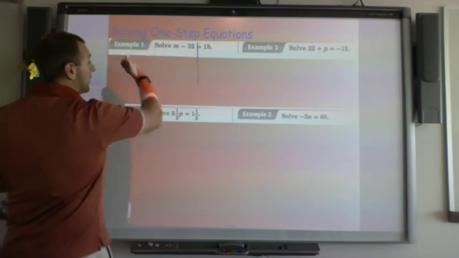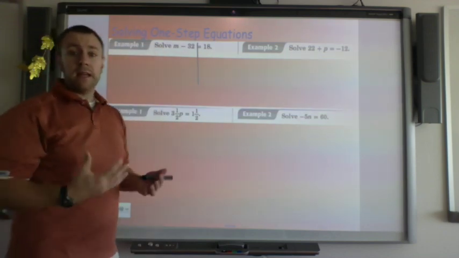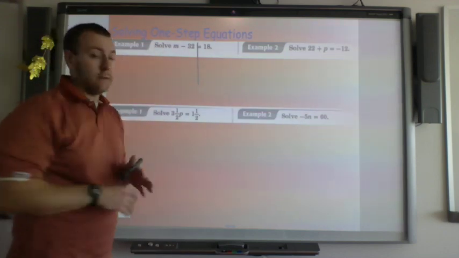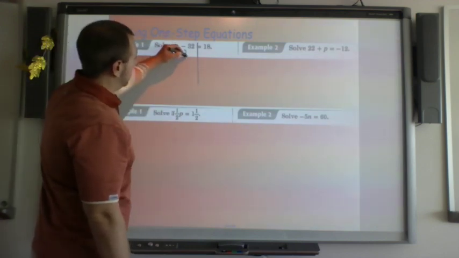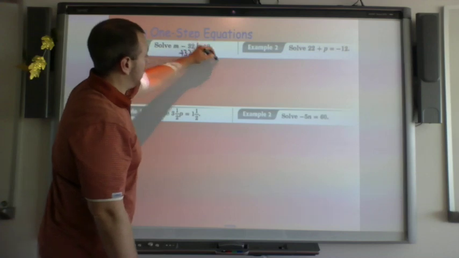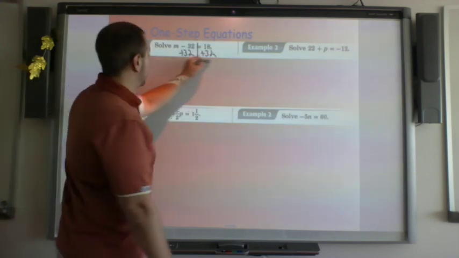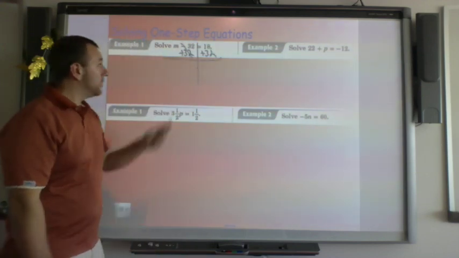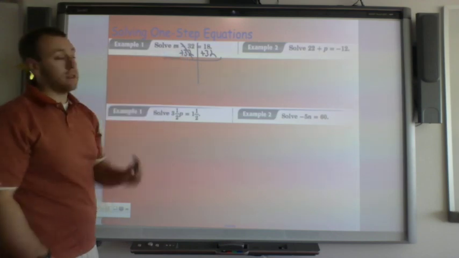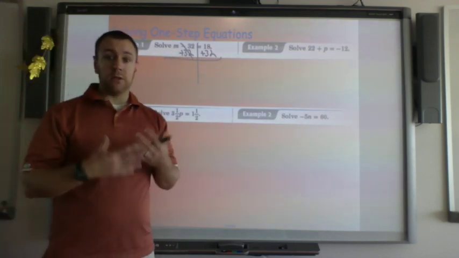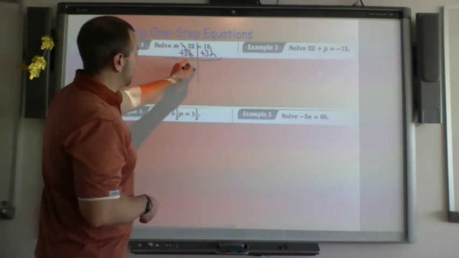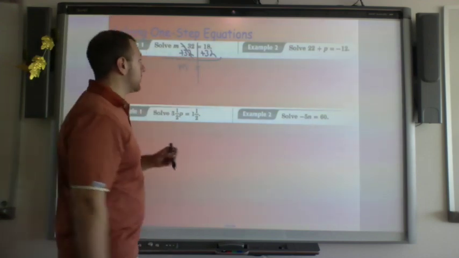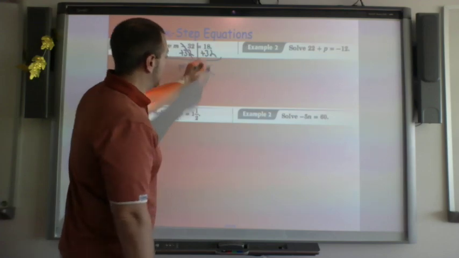Now whatever is happening to the variable, that is what I'm going to do the opposite of. So m minus 32, now I'm going to add 32 on both sides, and that cancels because a negative 32 and positive 32 becomes 0, those opposite operations. So now m equals 18 plus 32, which is 50.